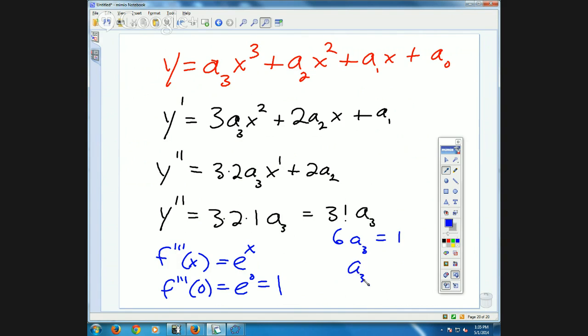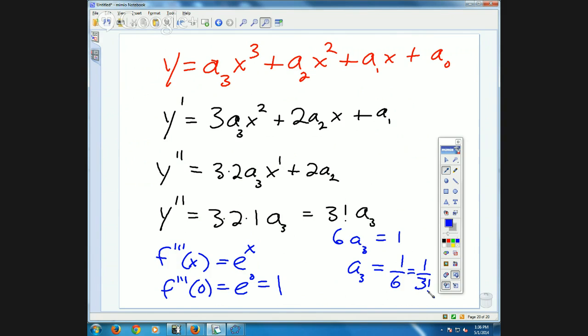So a sub 3 has to be equal to 1/6, or if you prefer, 1 over 3 factorial. You might think I'm just writing down factorials because I like them, which is partially true, but there's another reason behind that.